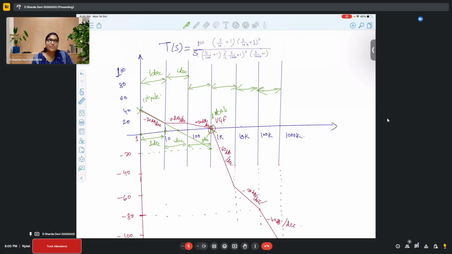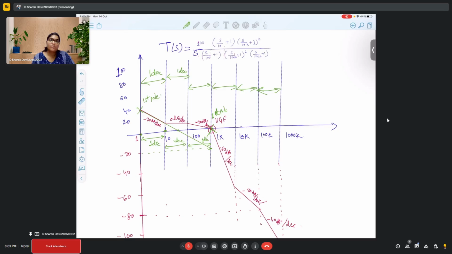But there is no rule as such. But yeah, for the uniformity of the plot, you can take it this way. Yeah, but even in that case, if we have one pole at 0 and the second pole at 1K, the slope starts degrading at minus 20 dB per decade from 0 itself, right?